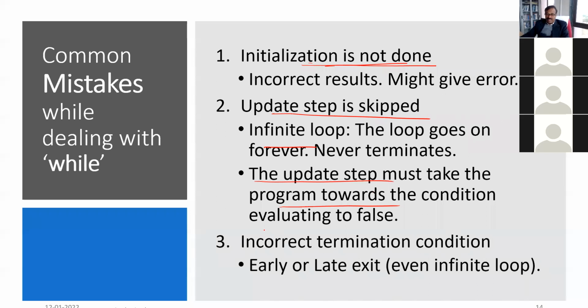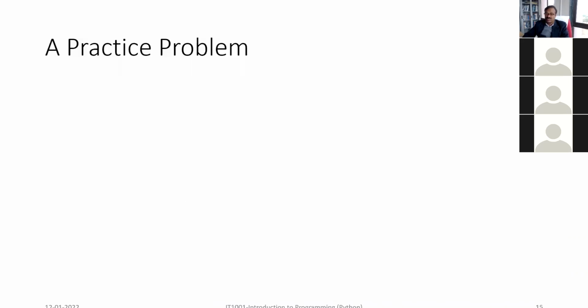Another is an incorrect termination condition. There may be a condition where it terminates, but the condition might be incorrect, so it can terminate early, or it can run more times than desirable, and it can even go into an infinite loop. So these are the places where we need to be careful.